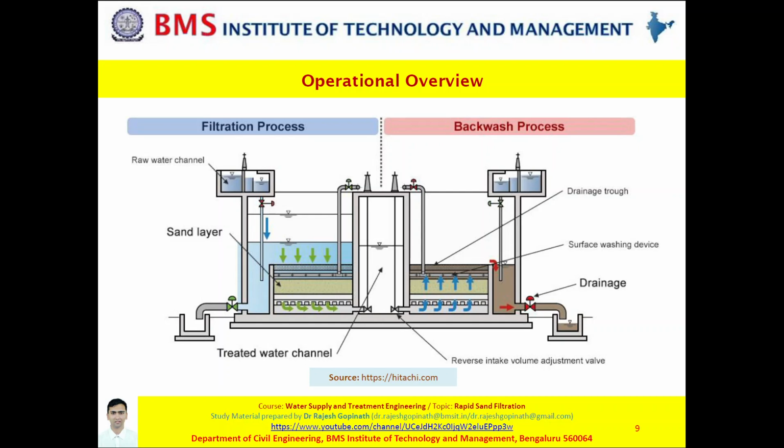For a depth of 45 to 60 centimeters, it is divided into 4 layers of 15 centimeters each, wherein as you move from the top layer to the bottom layer, the size increases. But if you look at the filter media, it is the other way. In this context, it is the filter media or the sand particles which are the topmost layer which are of the greatest size. And as you move down to its depth of 60 to 90 centimeters, the size reduces.